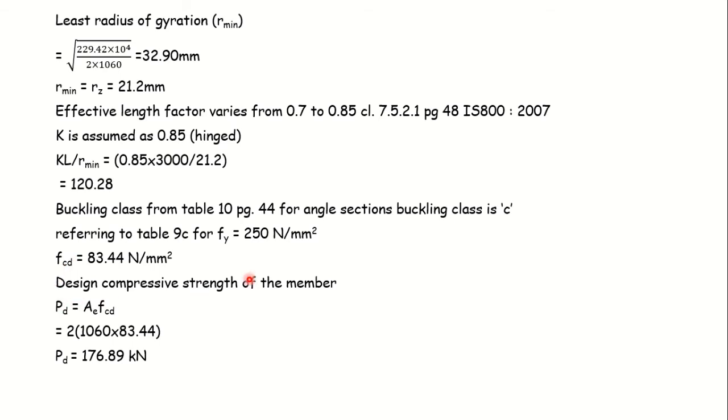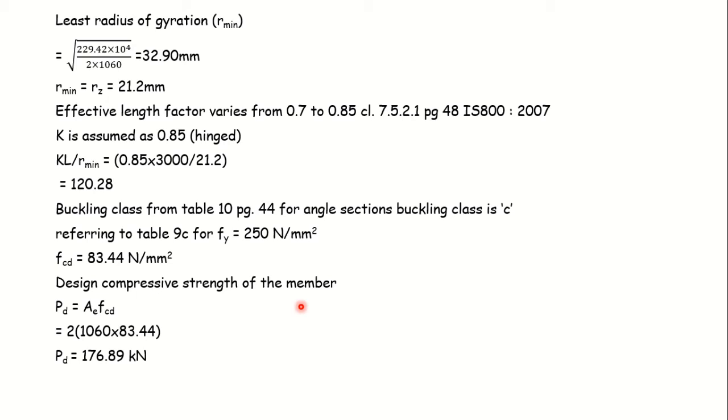The design compressive strength of the member will be Pd, which is Ae × fcd. Ae will be 2 × 1060, twice the area of each angle section, and fcd we got as 83.44. So Pd comes out as 176.89 kN.